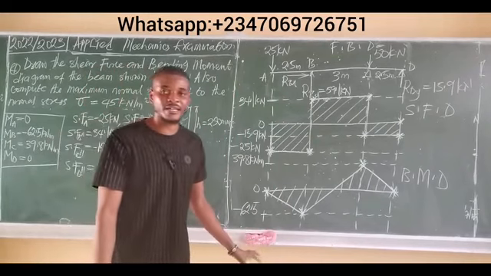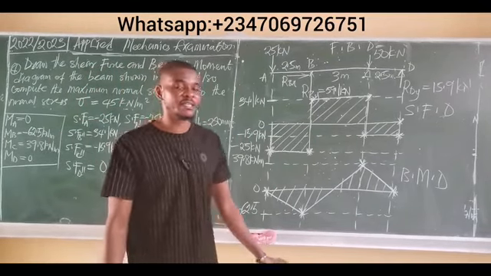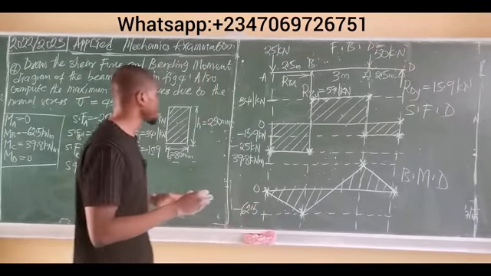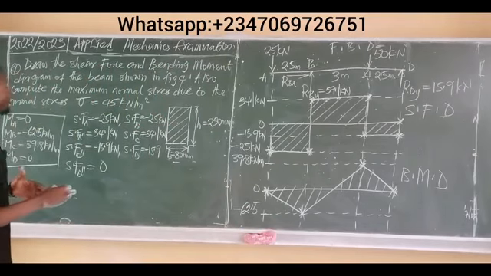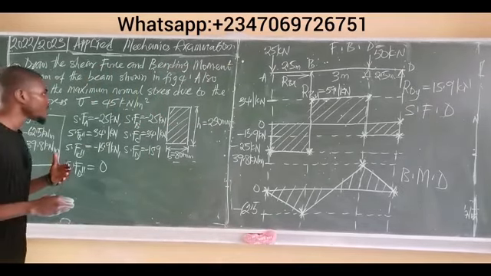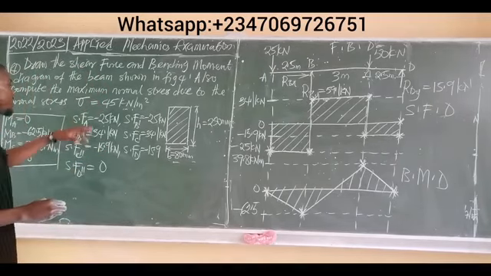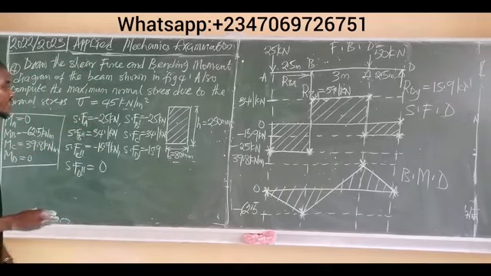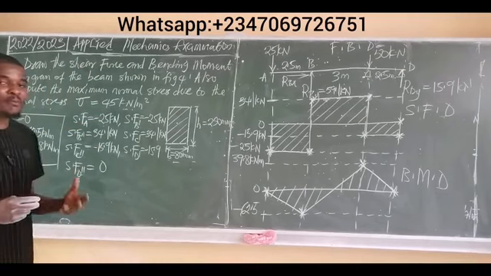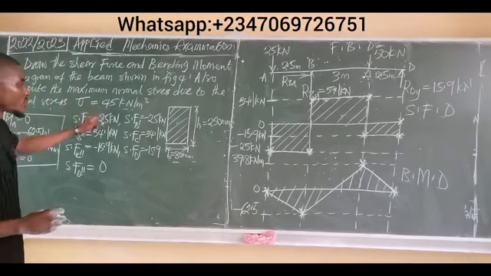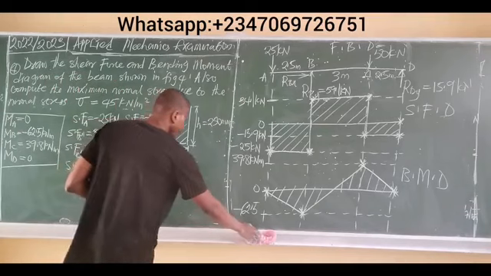So we've done the shear force diagram and we've done the bending moment diagram. The final question says, as can be seen on the board, compute the maximum normal stress due to the normal stress sigma equals 45 kilonewtons per meter squared. So we have to find the maximum normal stress due to this normal stress. Now we are given dimensions of the beam.